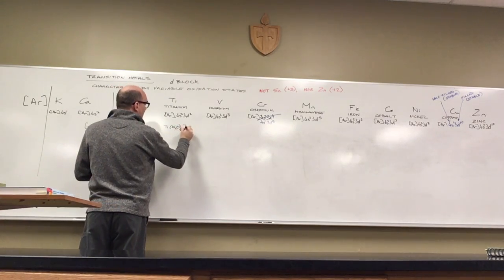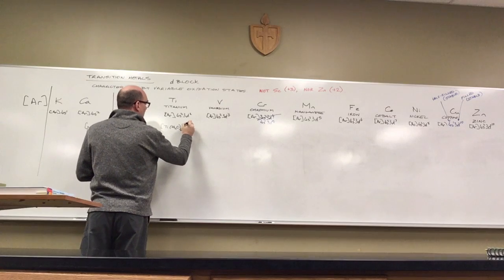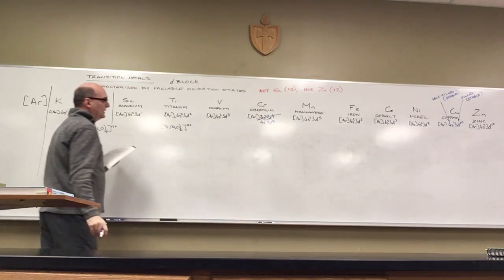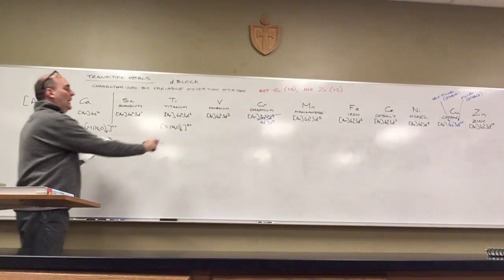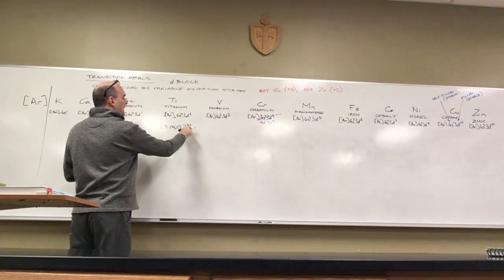We use square brackets in chemistry a couple of different times. If something is a reactive intermediate, it's not going to exist, we use it. But here, square brackets contain everything inside the complex ion, and then the charge lives in here somewhere.